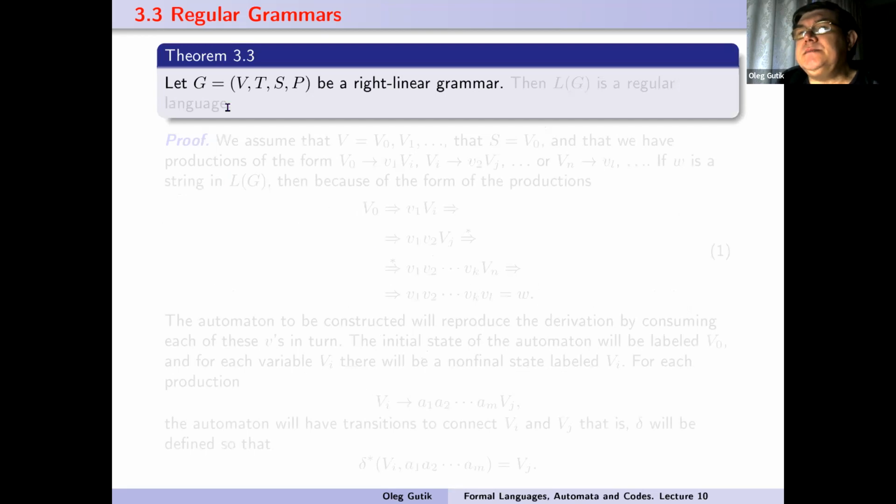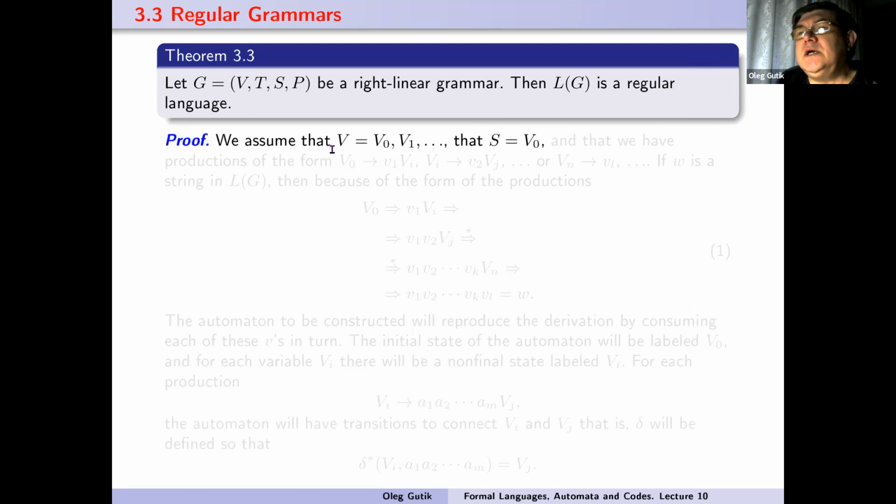Let G be a right linear grammar, then L of G is a regular language, that is, the language generated by this grammar is a regular language. Proof.